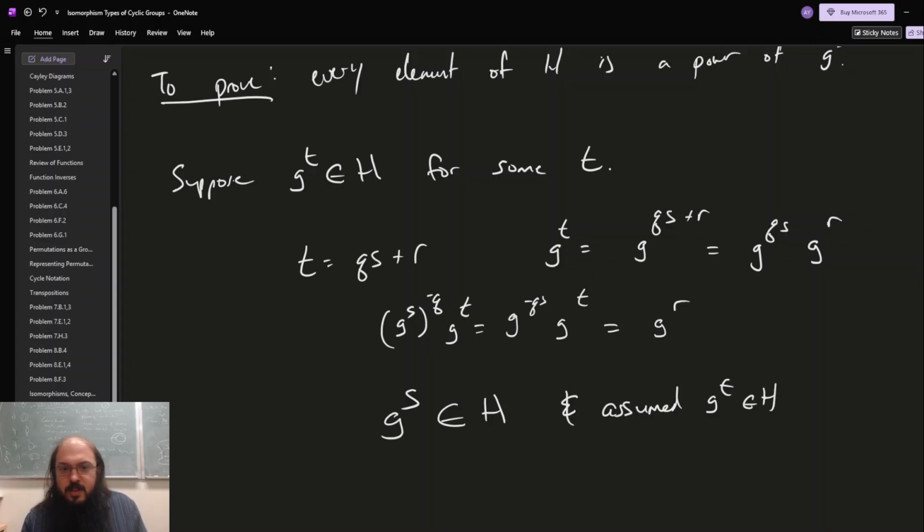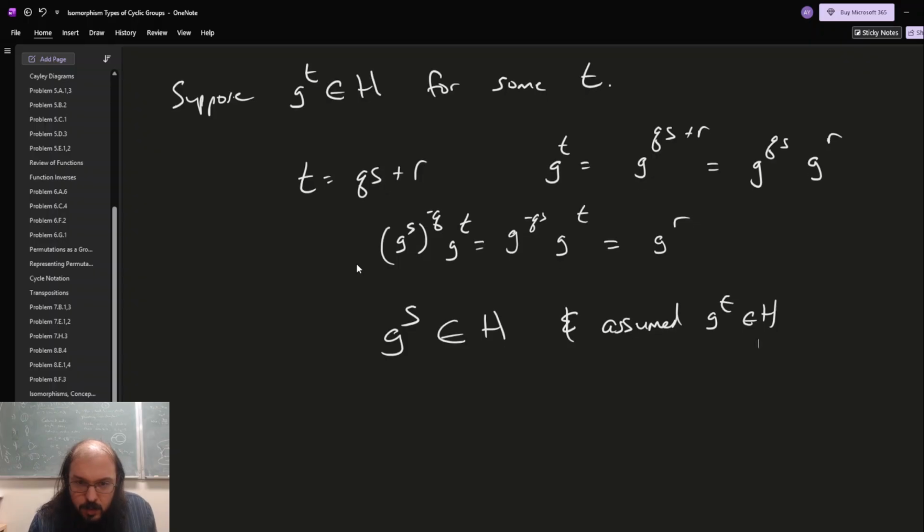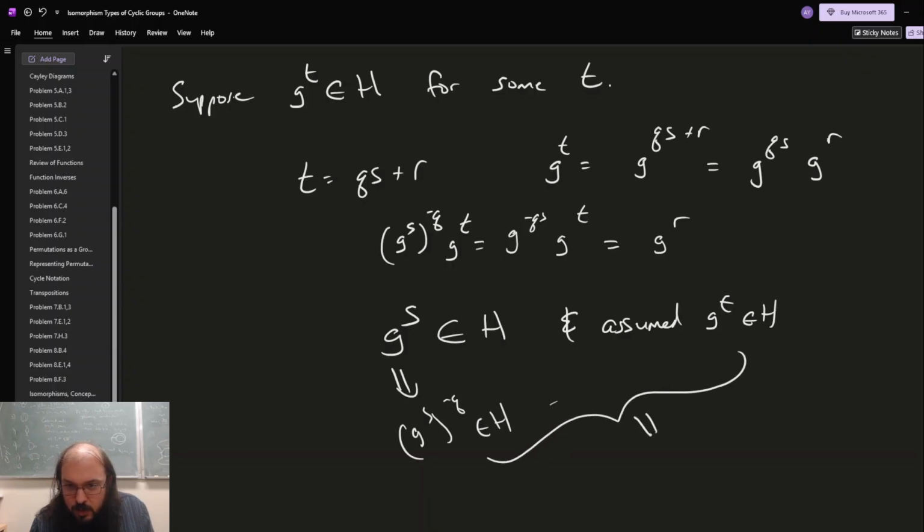So since these two elements are in H, in particular, this guy is in H because it's a subgroup, right? If I just raise this to some power or invert it, that's also going to be in H. And so together, both of these things tell us that g to the r is in H, right? Because this is equal to that.